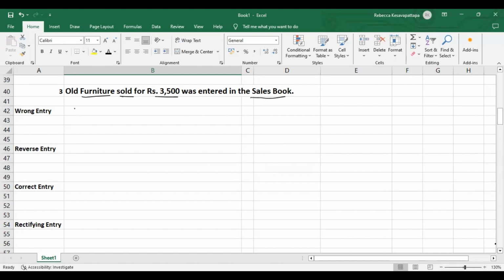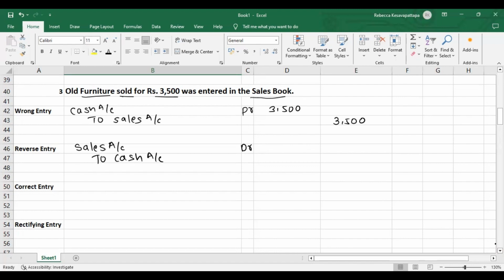So the wrong entry is cash account debit, money is coming in, to sales account, written by mistake as sales 3,500. We'll do the reverse of this entry: sales account debit to cash account 3,500.